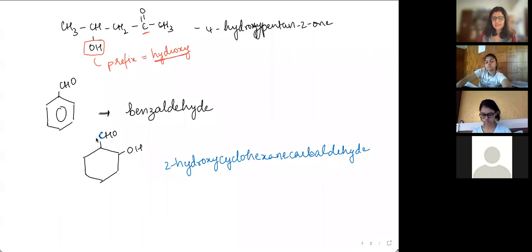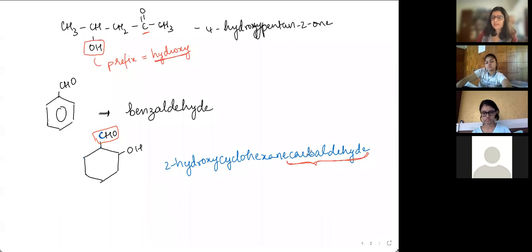So if there's an extra CHO, this will apply to your aliphatic also, where the CHO is like, if CHO is part of the straight chain, of course you have to count that. But if at all you have a ketone group or if there are two aldehyde groups where one of them is branching off, then that turns into carbaldehyde.